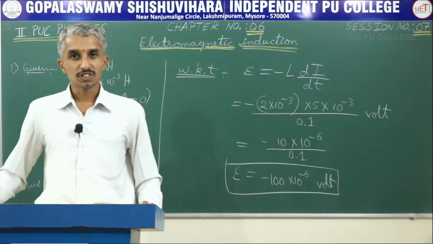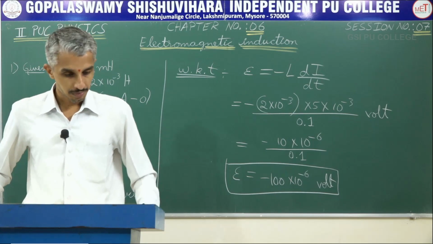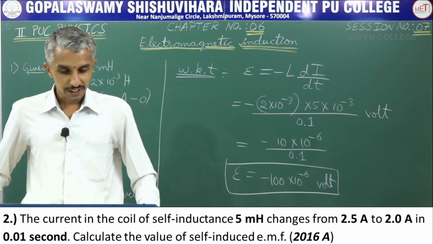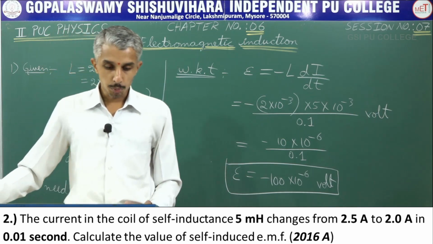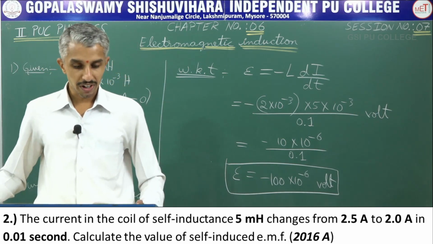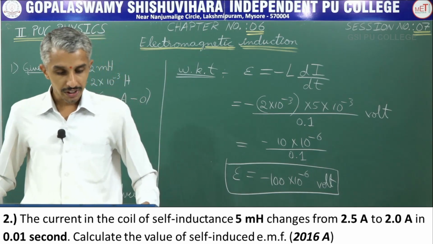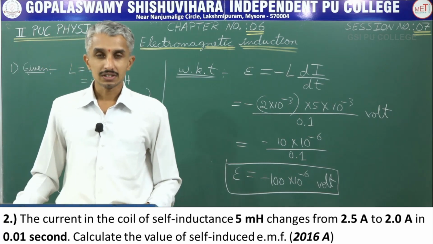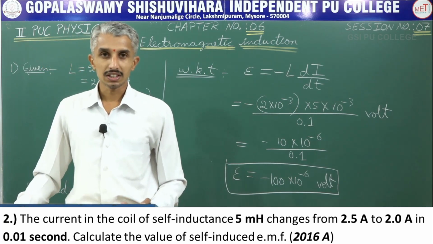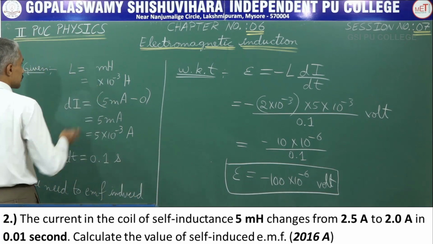A similar problem was asked in the 2016 annual paper. Here is the question. The current in a coil of self-inductance 5 millihenry changes from 2.5 ampere to 2.0 ampere in 0.01 second. Calculate the value of self-induced EMF. So the data is similar to the first numerical. Let us solve it. Here the inductance given is 5 millihenry.